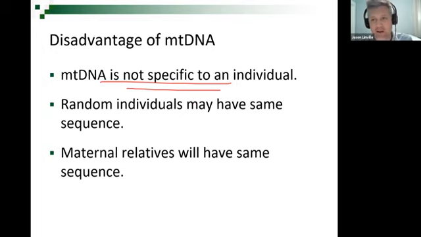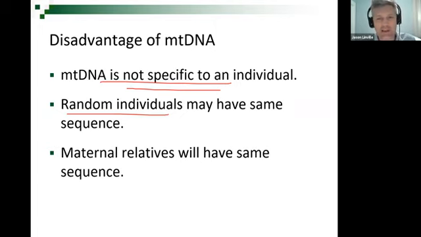It matches the mitochondrial DNA from Laci Peterson because we got her toothbrush, or got it from her mother. But it could also be any other maternal relative of Laci Peterson. It can also be a random individual who's not related, but just happens to have that same mitochondrial profile.